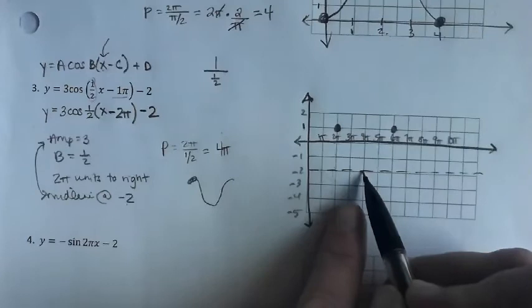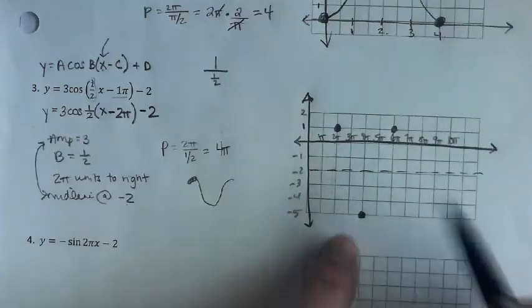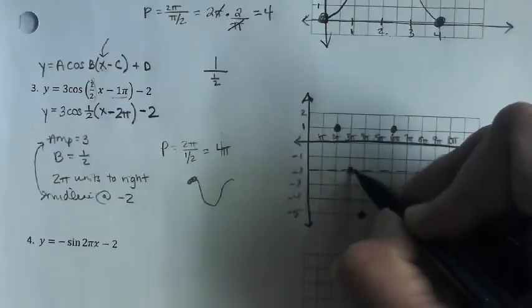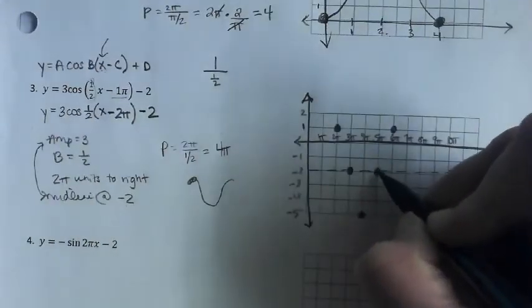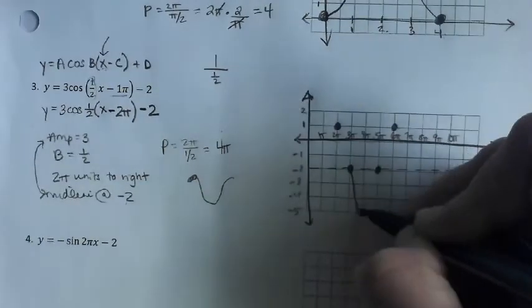So our minimum has to be 3 amplitudes below the midline, 3 units below the midline. And then my midline intersections are going to happen there and there. Between 2 and 4 is 3, and between 4 and 6 is 5.